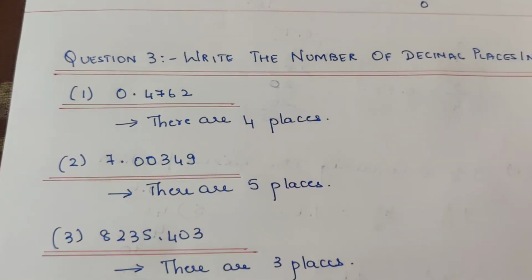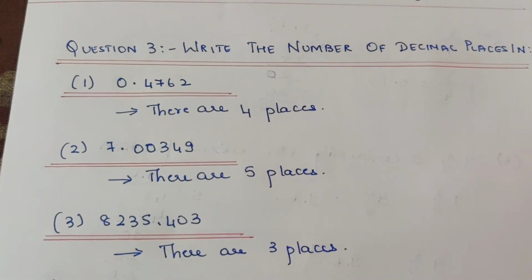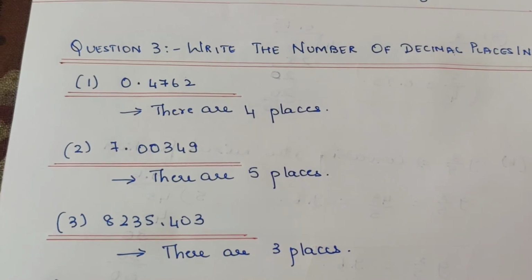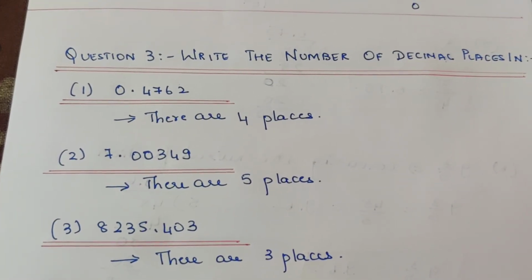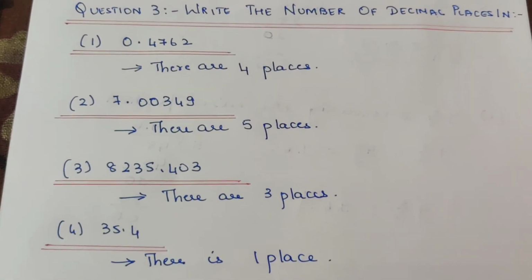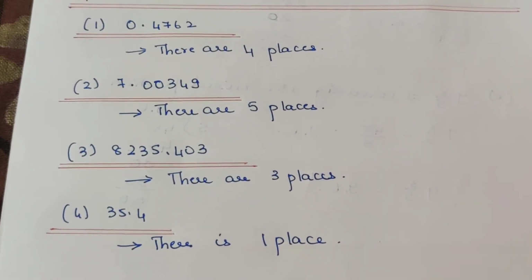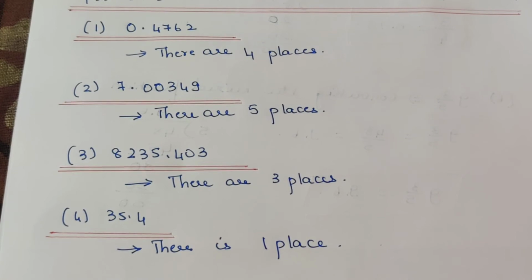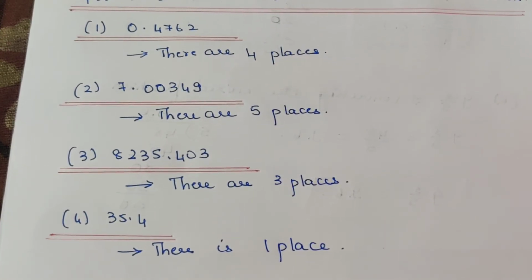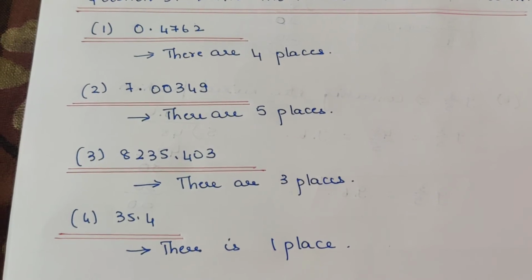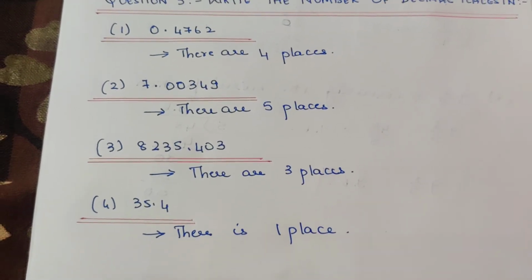So there are 5 places. 8,235.403, after the point you have 3 digits. So there are 3 places. 35.4, after the point, how many digits are there? It's just 1 digit. Therefore, it is 1 place.